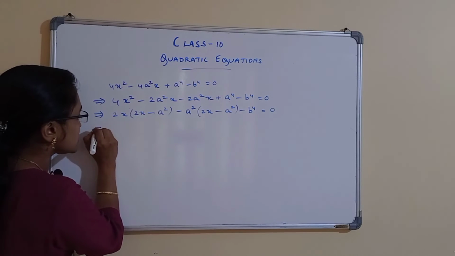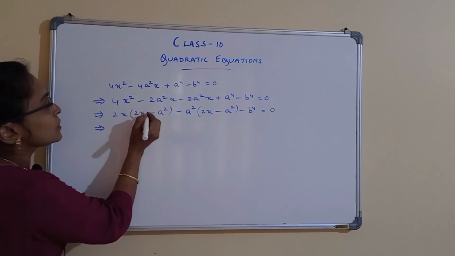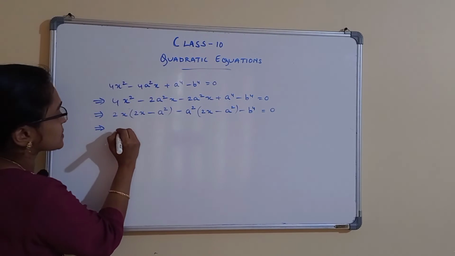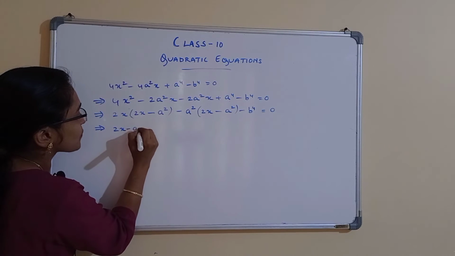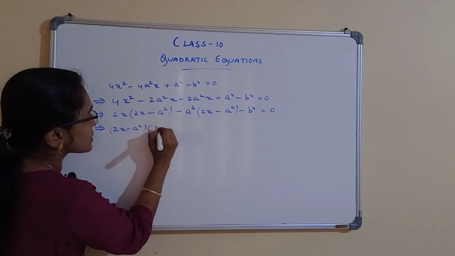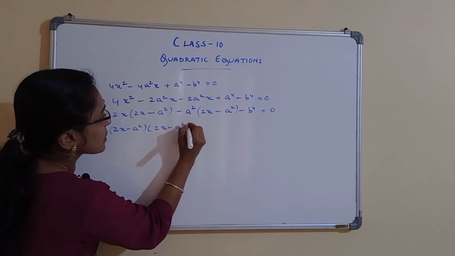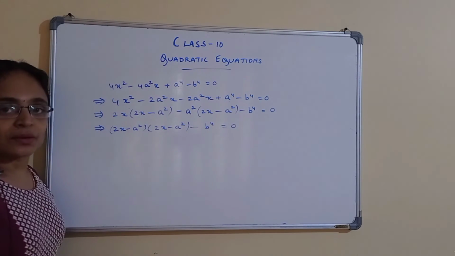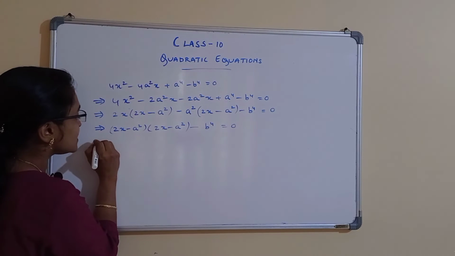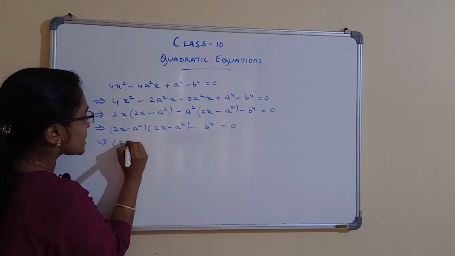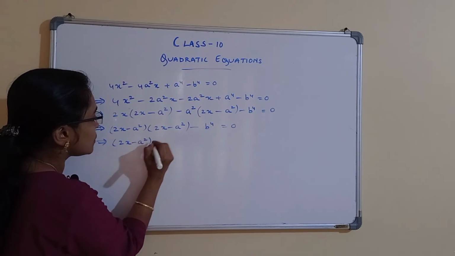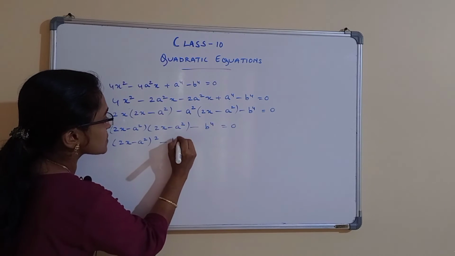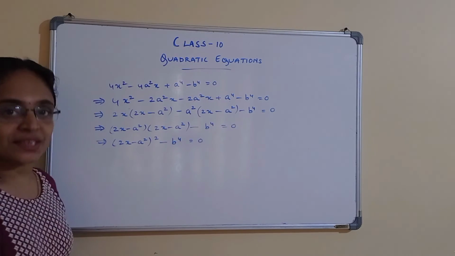Okay. So, this implies 2x minus a square into 2x minus a square minus b raised to 4 is equal to 0. Right? So, this implies 2x minus a square the whole square minus b raised to 4 is equal to 0.